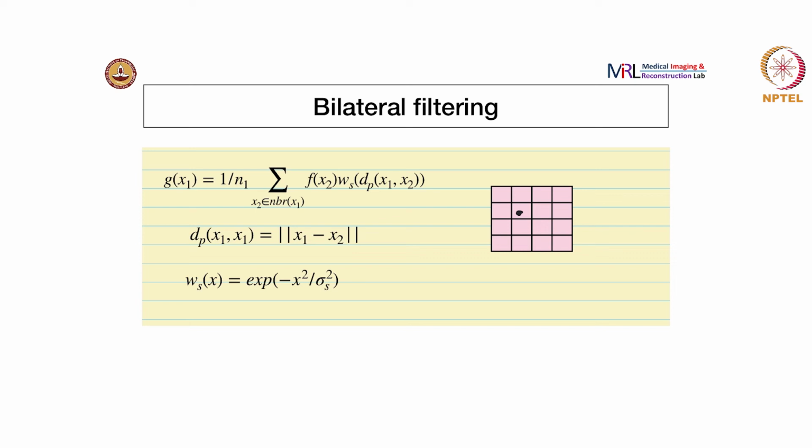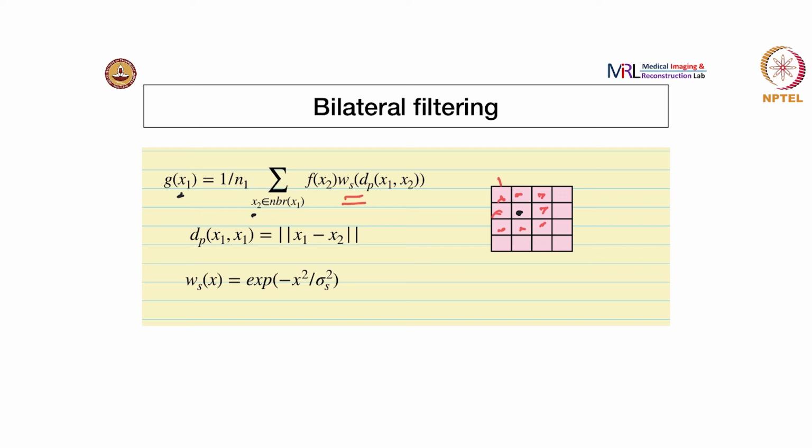So if you consider a neighborhood of ij, x1 is the pixel you want, like here, and x2 represents locations which are neighbors of x1, the other pixel locations. Right here, this is x2. The red ones are x2. So you take the function values there, f of x2s, and then you have a weighting function.